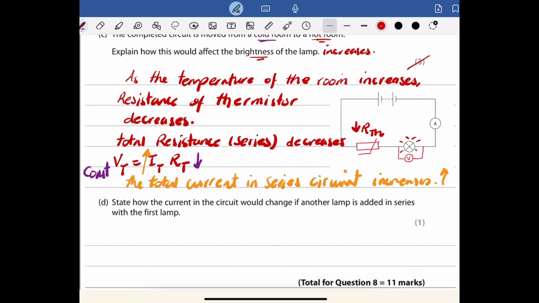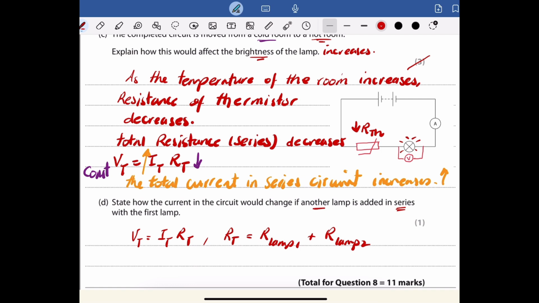For section D, state how the current in the circuit would change if another lamp is added in series with the first lamp. So here I have to think about V total equals I total and R total. If you connect another lamp in series, the R total is going to be the resistance of lamp 1 plus the resistance of lamp 2.